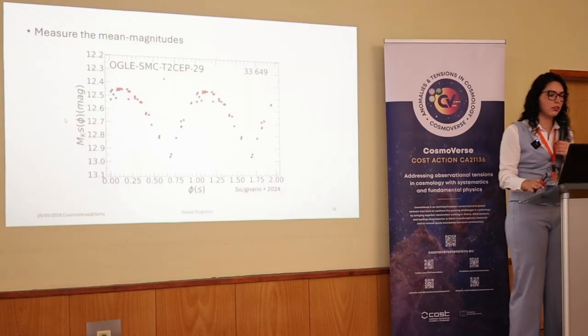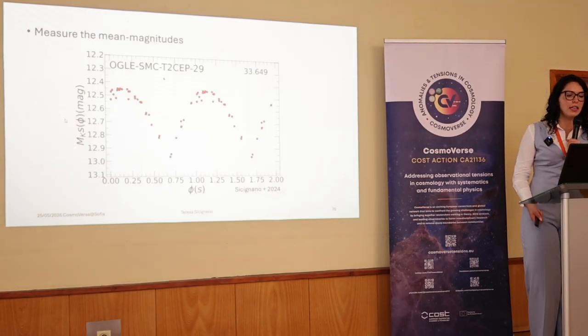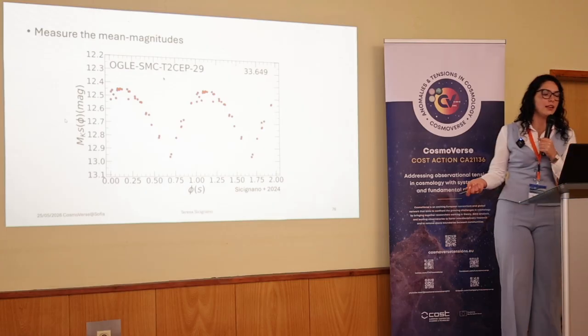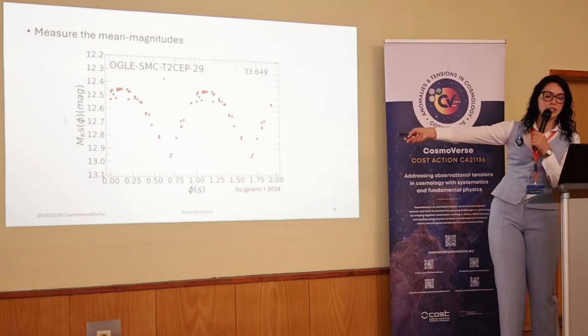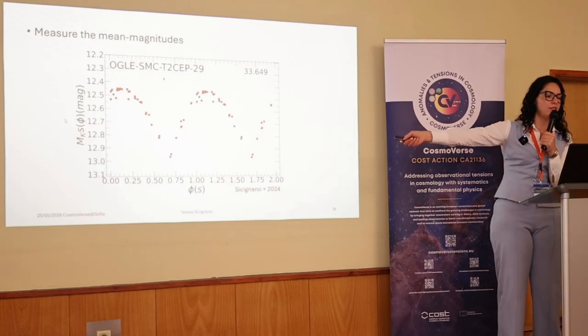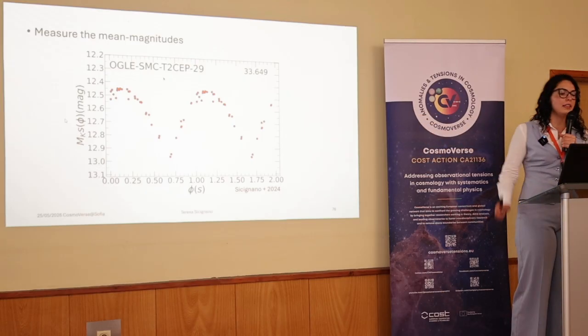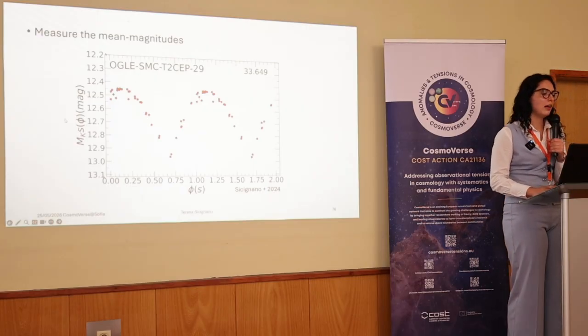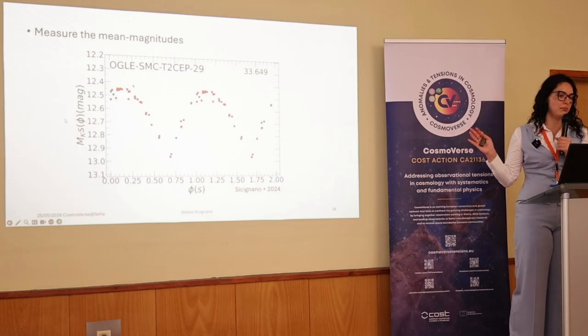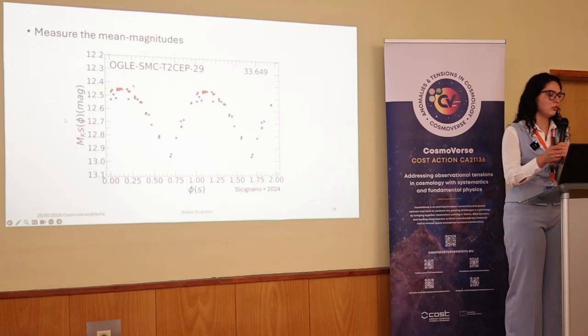So, going back to the mean magnitude, in general this is the shape of a type 2 Cepheid after several observations, and the mean magnitude is the area under this shape. And you have to measure this.